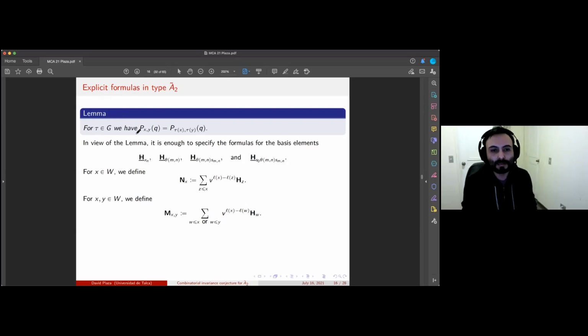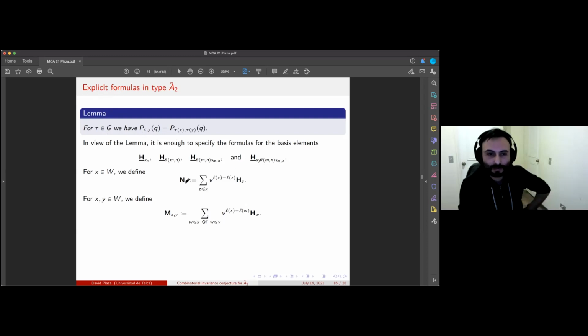First, this lemma that reduces the number of formulas we need to specify, because this lemma tells us that Kazhdan-Lusztig polynomials are invariant under the action of group G, and this allows us to only care about Kazhdan-Lusztig basis elements indexed by xn, theta mn, theta mn smn, and s0 theta mn smn.